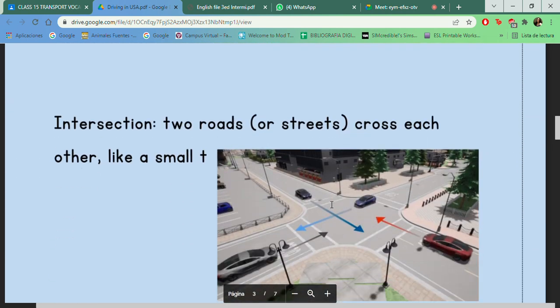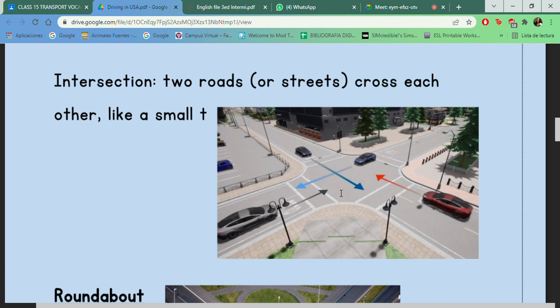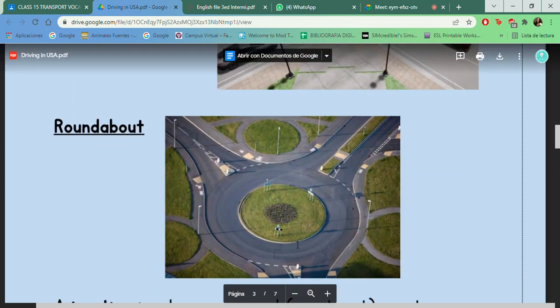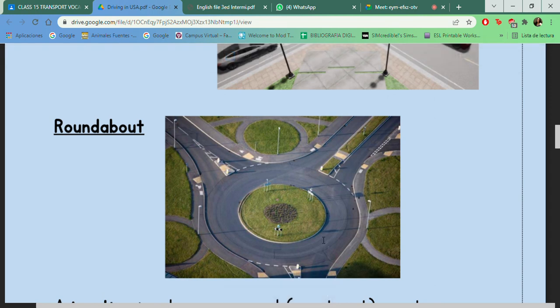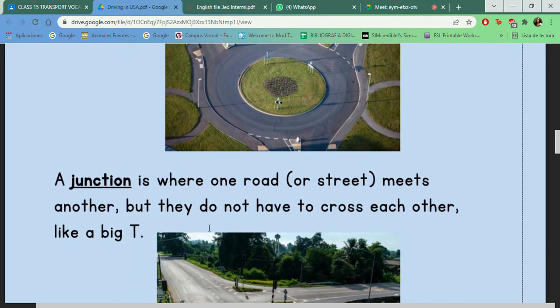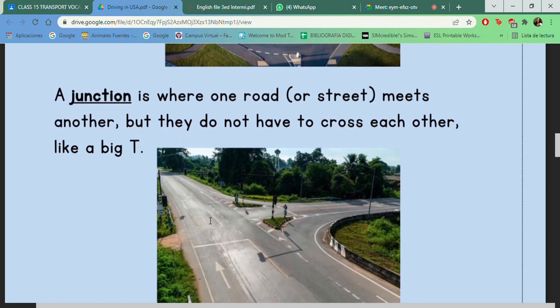Great. Let's talk about, well, in Spanish it's the same, intersection. Two roads or streets crossing each other like a small T. Then you have what we call this, roundabout. A junction is where one road or street meets another.